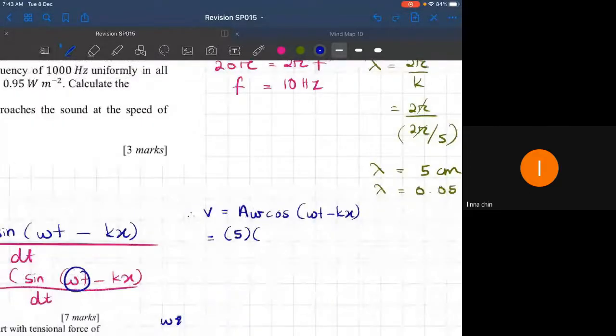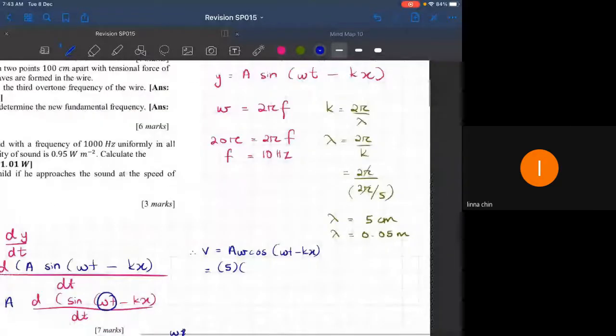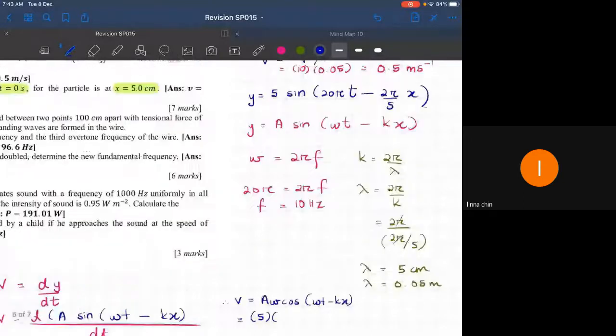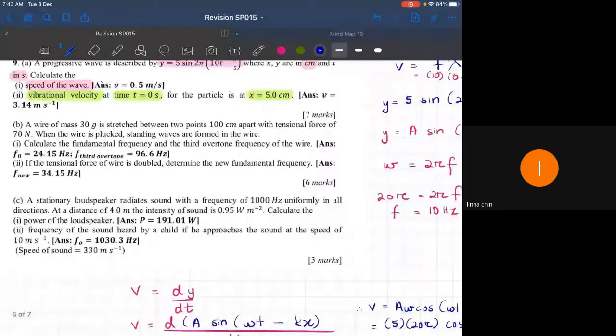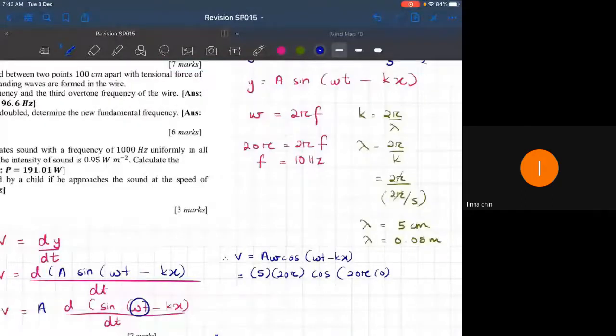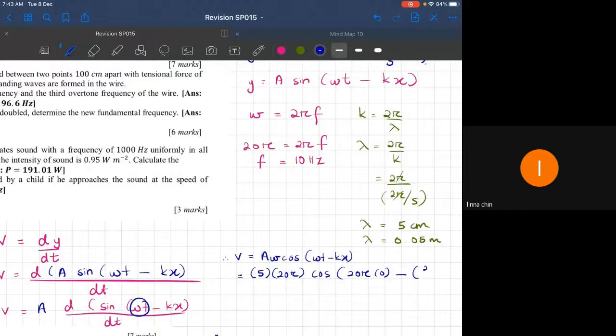Omega is what tadi? Omega is 20 pi. Okay, cos, and then there will be 20 pi, and then our time is what? Our time is 0. So this one is 0 minus our k is 2 pi over 5. And then our x is 5 centimeter.